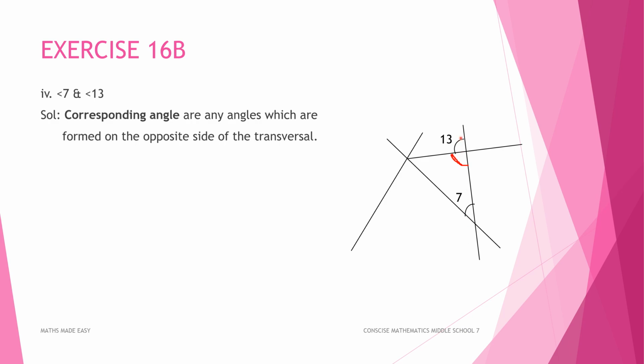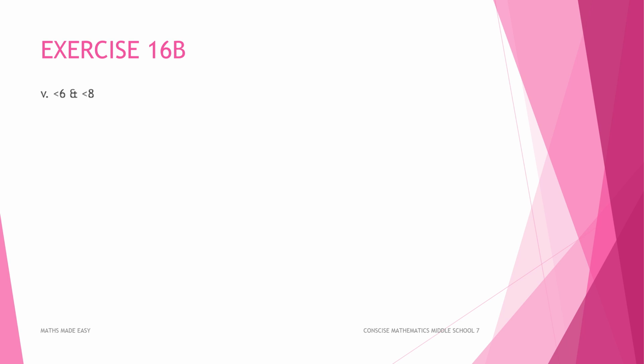This line is called a transversal because it is cutting the two lines, right? So this angle is formed on the opposite side of this transversal line. So it is a corresponding angle. I have told you a simple way to remember it, or as per the definition you can remember it. So angle 7 and 13 are corresponding angles.